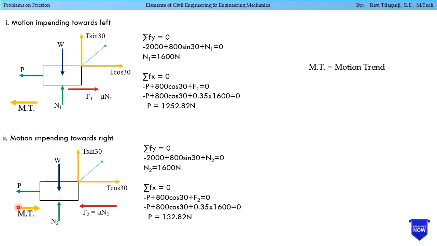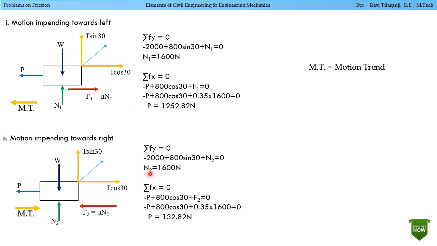Now moving to the second condition, motion impending towards right. So the body is trying to move in the rightward direction. For this, friction is acting in the opposite direction. So here we are considering N2 as the second condition, F2 as corresponding to the second condition. W remains the same, acting downwards, which is 2000. Now we have to determine the P value. So here the tension is acting, which is again 800 newtons. So T is in Y direction, T is in X direction. Summation F of Y equals 0, similar to the earlier one.